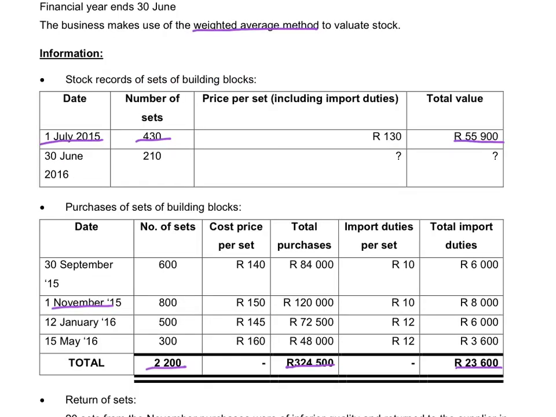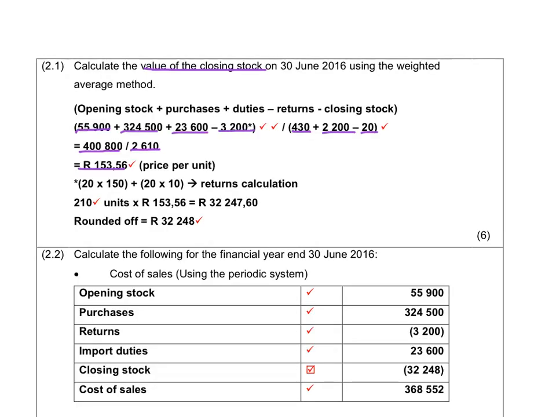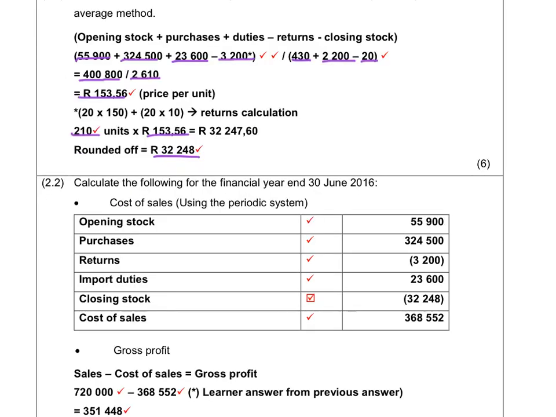Okay, this was given to us that the number of sets that we have at the end of the year is 210. So if we multiply the 210 sets with the value per unit, we get the total value, and we can round that off to 32,248.